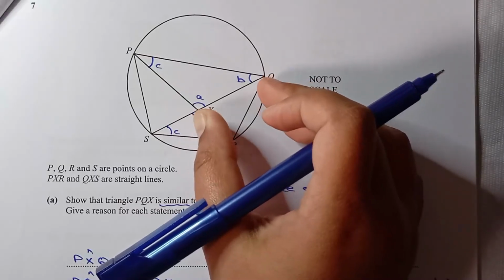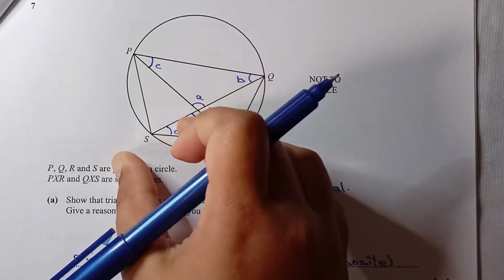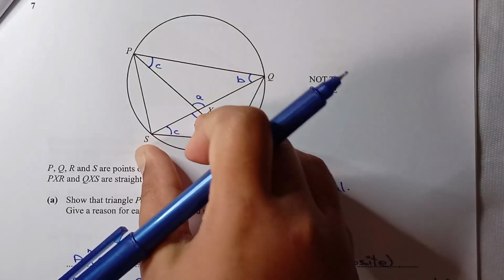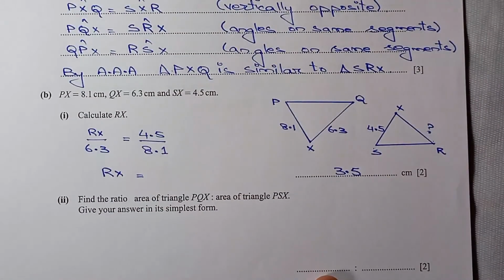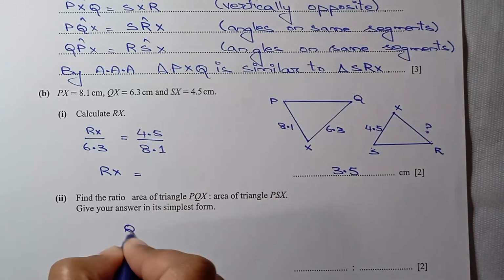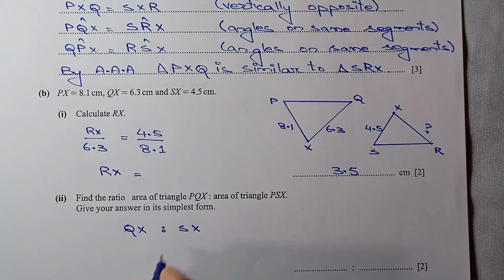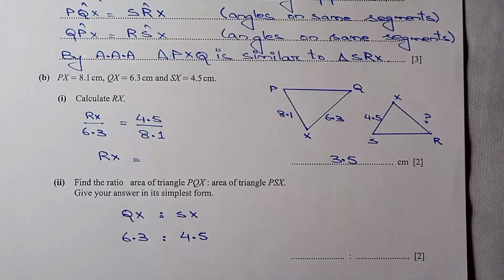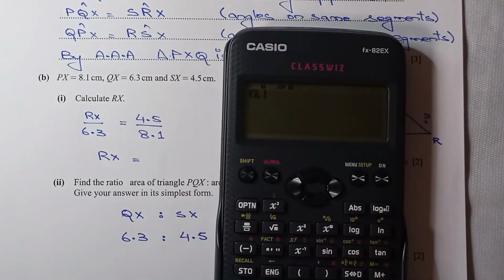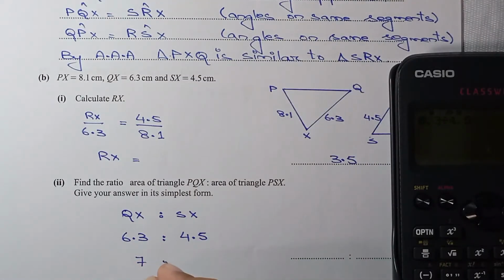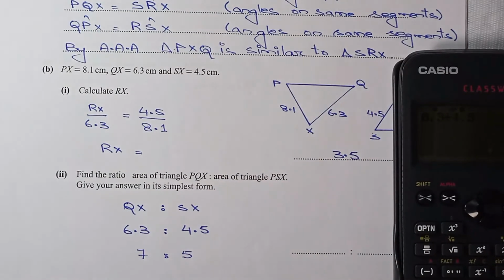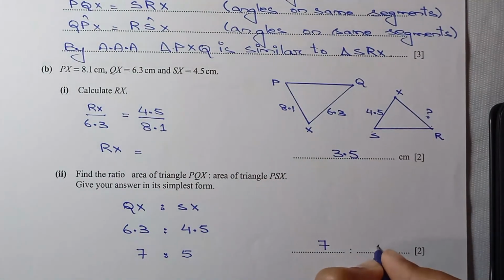So now we know that we can just compare the bases, QX and SX. We just need to compare the ratio of the two bases. QX is 6.3 and this is compared with SX 4.5. So 6.3 divided by 4.5 is 7:5. So that is the answer in the simplest form, 7:5.